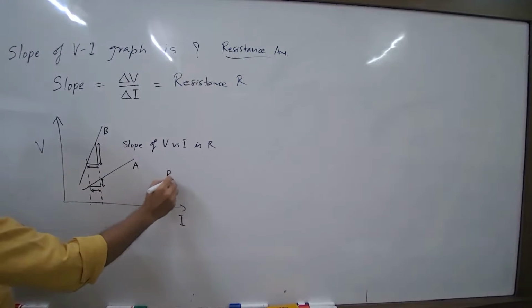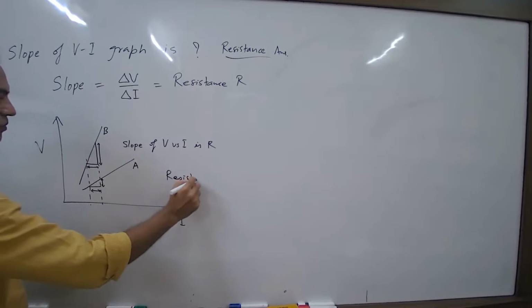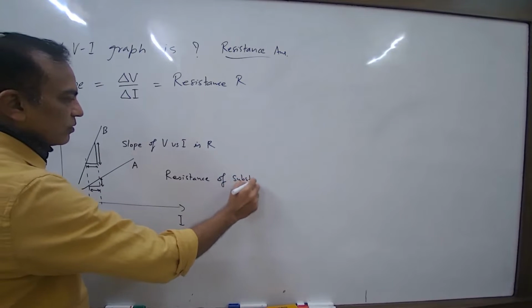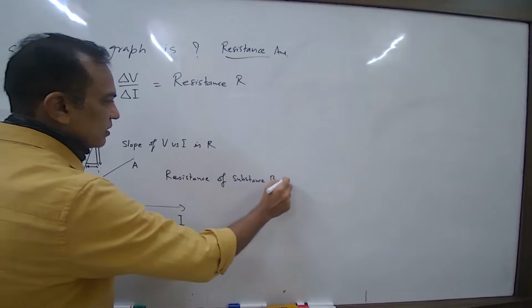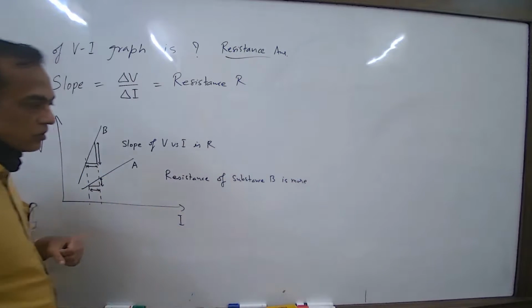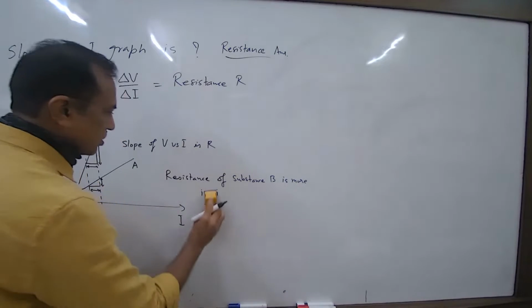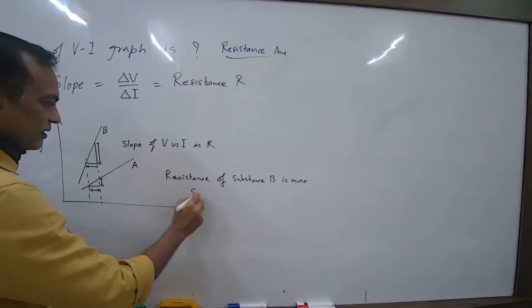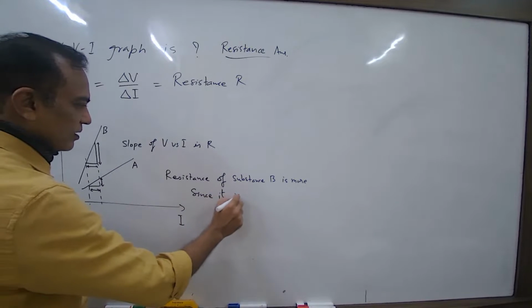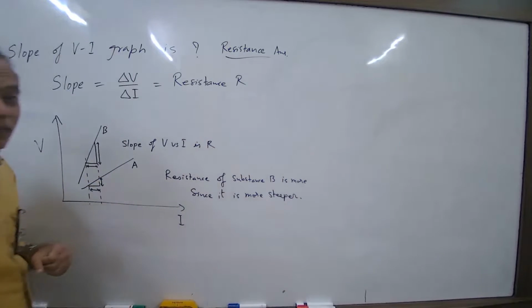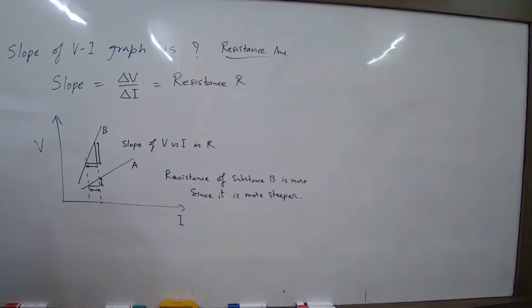So resistance of substance B is more, since it is steeper. A steeper graph has a higher slope, meaning its variation in y compared to x is more.